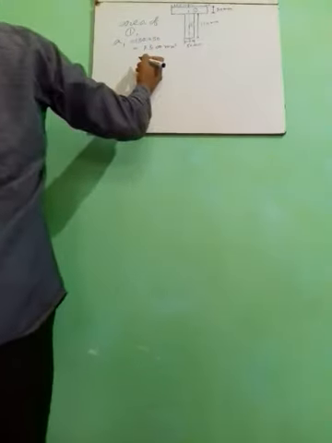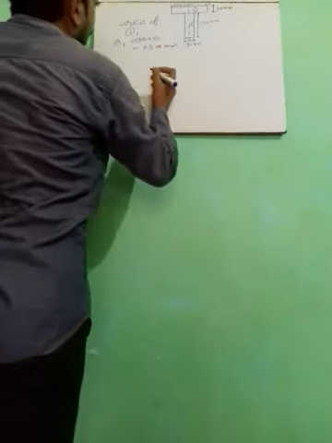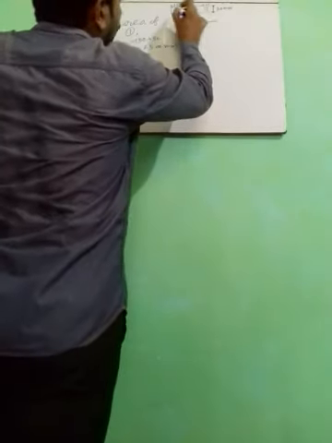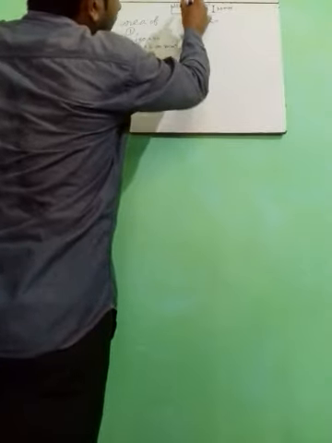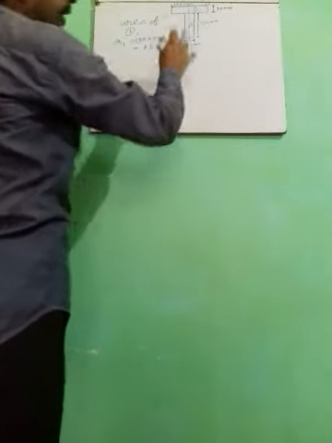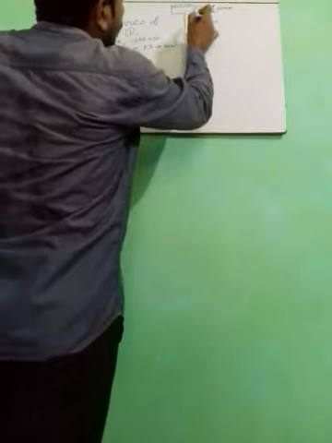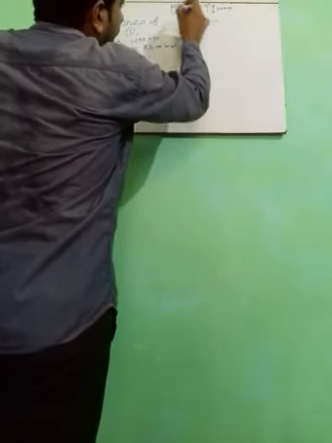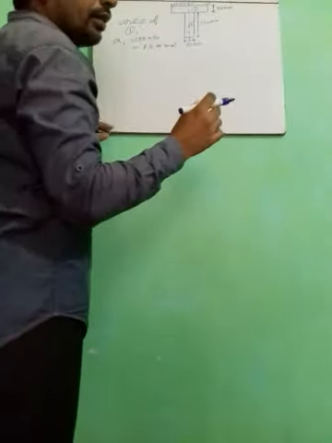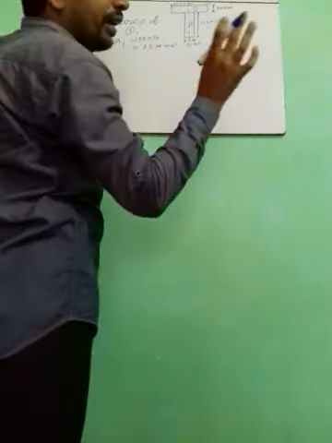Now the CG of the figure. This figure is symmetrical about the y-axis, so the x coordinate is 0. That is the CG of this figure and the CG of the total figure; the x coordinate will be 0. So only the y coordinate is present.